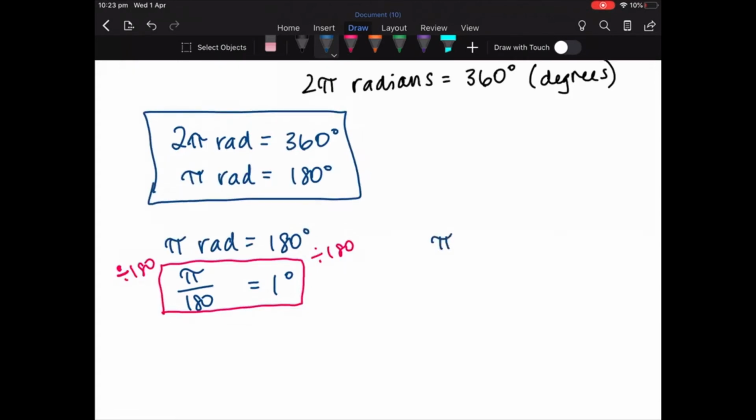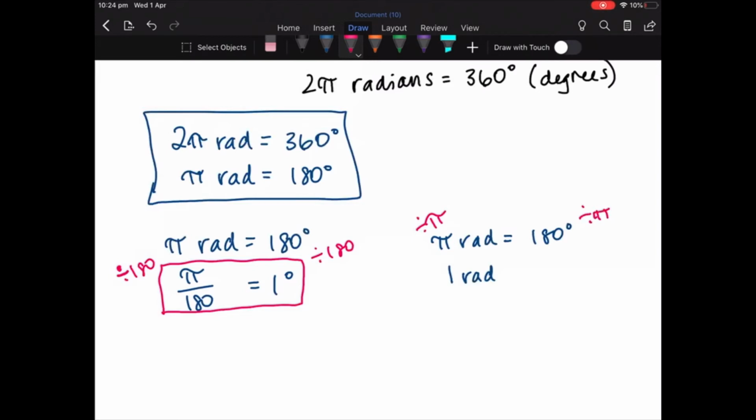Likewise, if I've got pi radians is equal to 180 degrees and I want 1 radian, I have to divide both sides by pi. So if I've got pi radians and I divide by pi, I'm left with 1 radian.